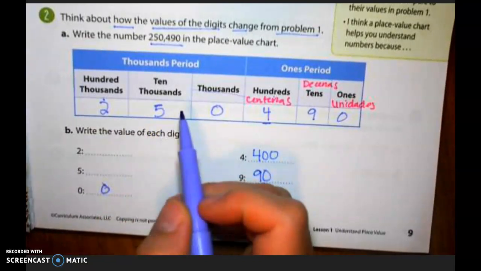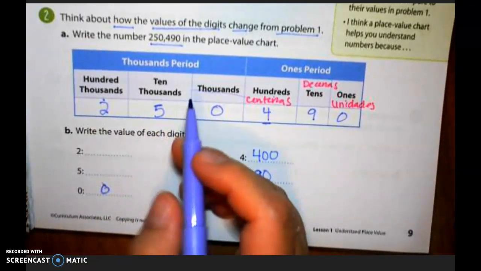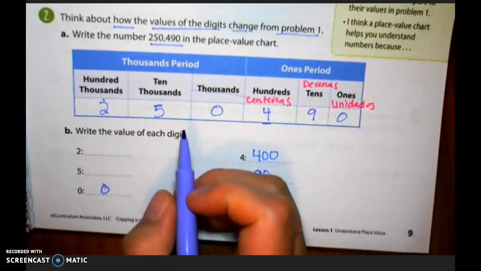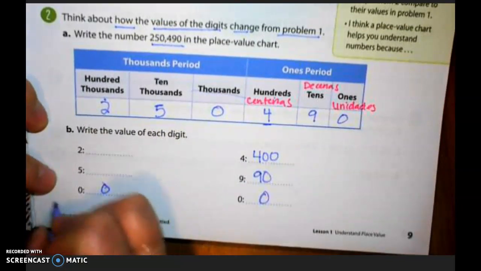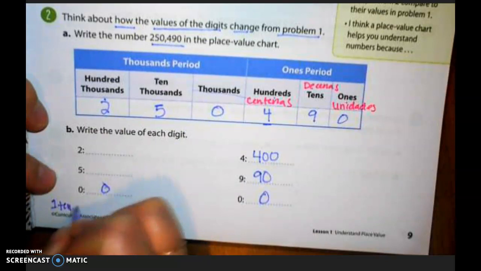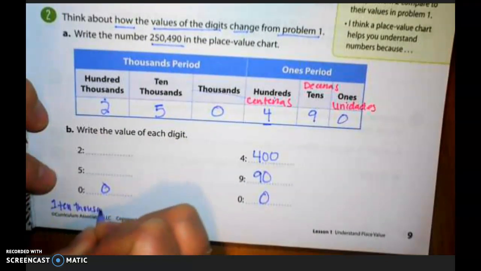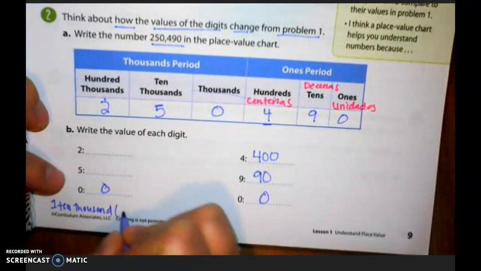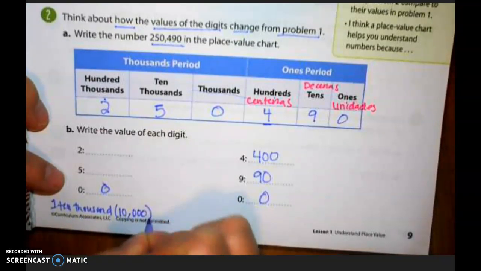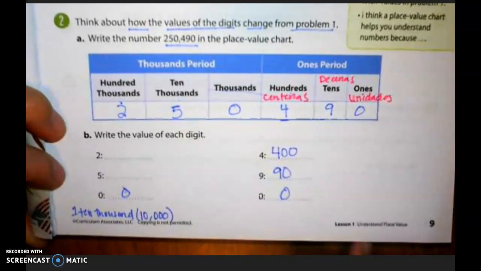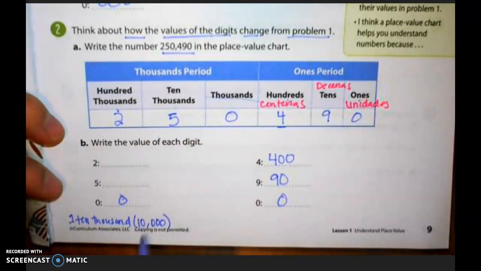5, 10,000s. Okay, so si yo no me recuerdo bien, ¿sí saben cómo se mira un 10,000? Un 10,000 se mira así. 1 10,000 es así. 10,000, ¿verdad? So imagínate si tengo 5. 1 10,000. So voy a hacer eso 5 veces. Okay, si no me recuerdo lo puedo poner aquí.